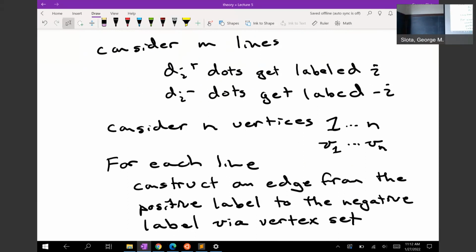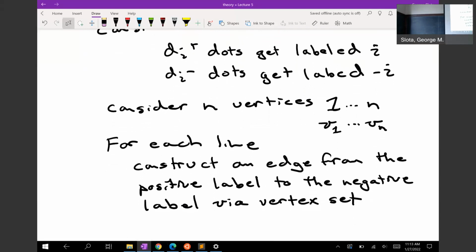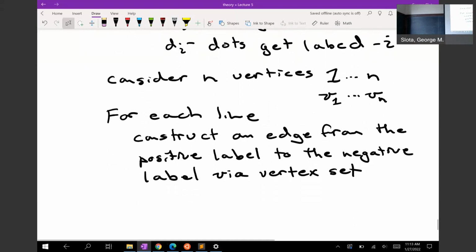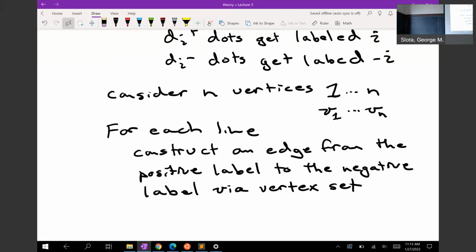So the same line can in fact get labeled with both for some arbitrary i and negative i. That would just represent a self loop in that case. But each line should only have one specific positive label, one specific negative label. Then we consider our n vertices, and for each line, we essentially use those vertices to construct an edge. So that line gets transformed into an edge.